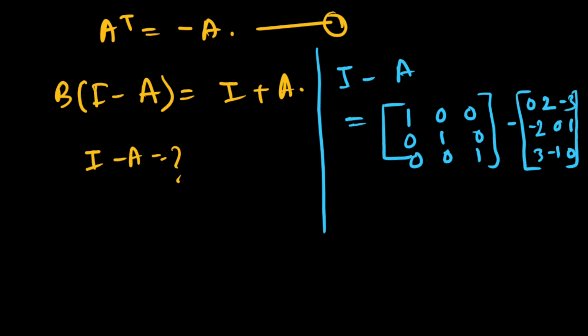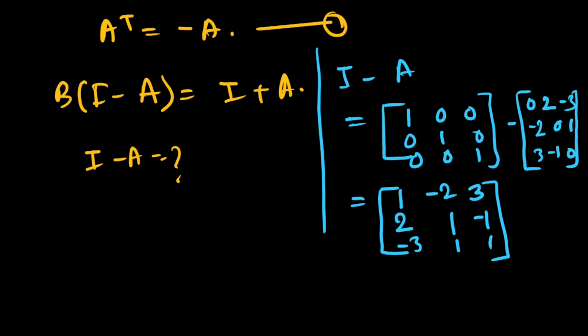So that is equal to 1, minus 2, 3, 2, 1, minus 1, minus 3, 1, 1. We want to check whether this matrix is invertible or not, so we check only the determinant value. So we find the determinant of I minus A.